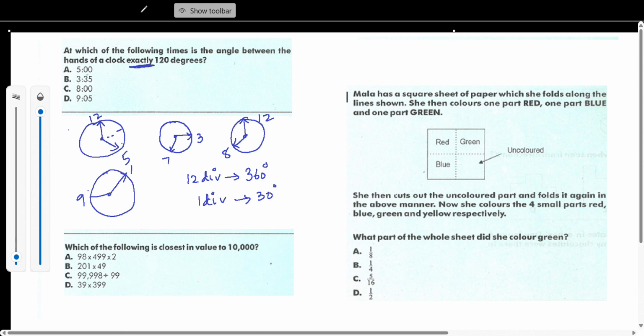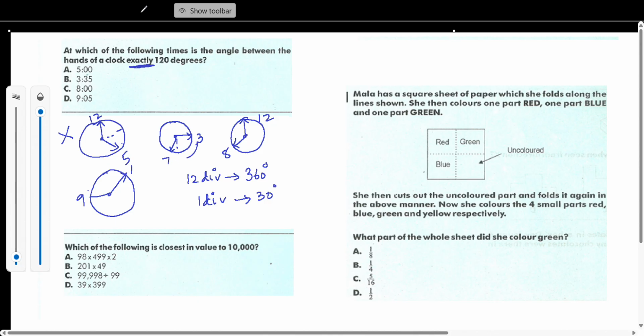So clearly it is not 5 o'clock. For 3:35 again, 3:30 you could think of as 90. Although at 3 o'clock it will be exact, by 3:30 the short hand also would have moved a little from 3. So that itself will be a little less than 90. And after 6, 7 is again only 30.